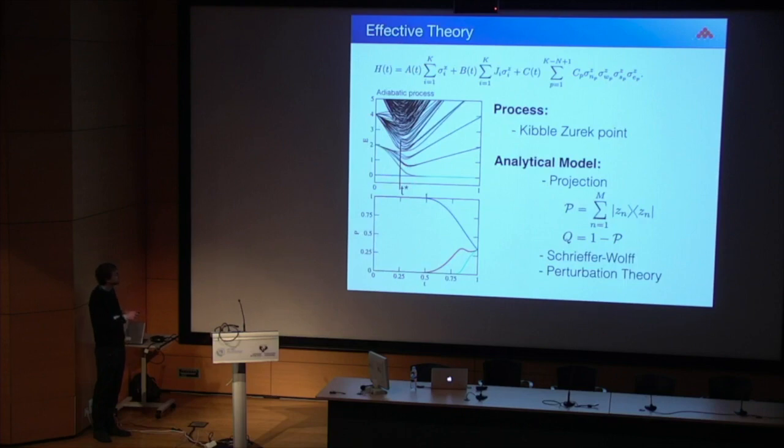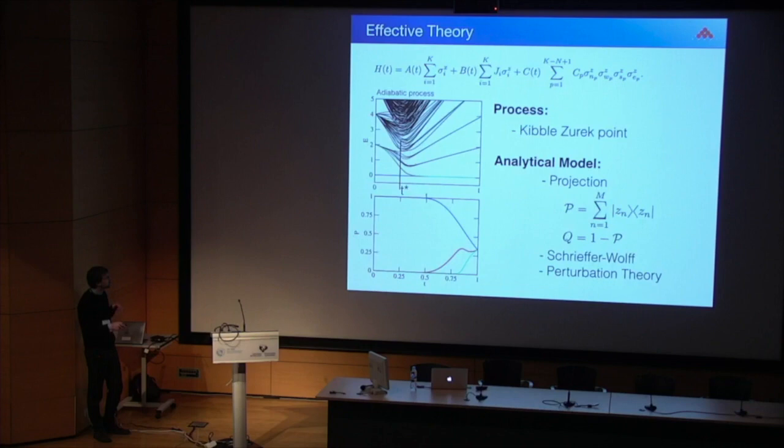So this means here it's adiabatic, and starting from here, we are actually populating other states. And the Kibble-Zurek mechanism tells us that this population of the other states is like a sudden quench. So this means the population of the configurations that we have in our ground state do not change anymore starting from here. So this means we reduced, so to say, the dynamical problem to a static problem because we only have to look at this point here.